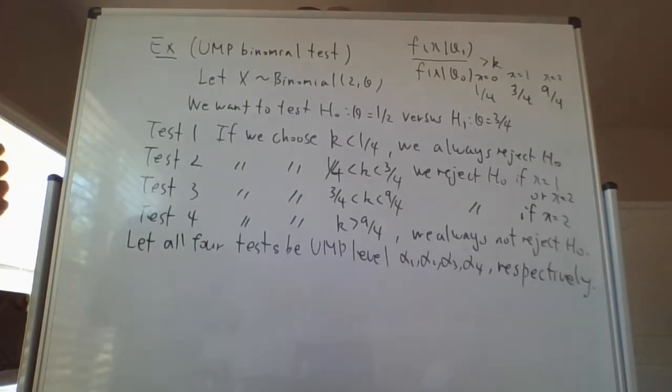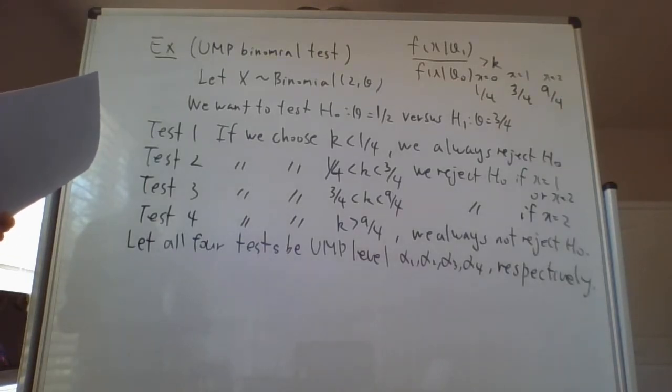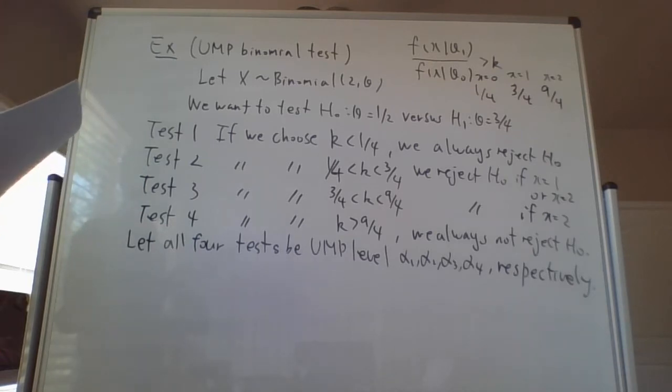So let all four tests be UMP level alpha 1, alpha 2, alpha 3, alpha 4 respectively. So we know that they are the UMP tests. But now we want to find the UMP level alpha test, so we will have to find the levels.